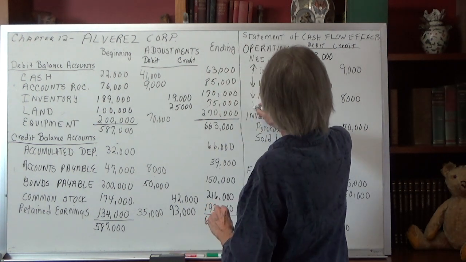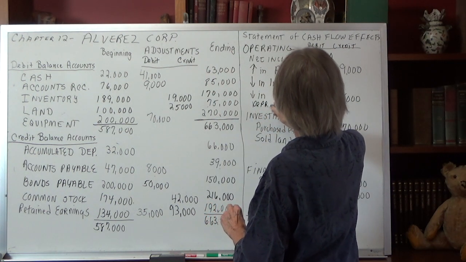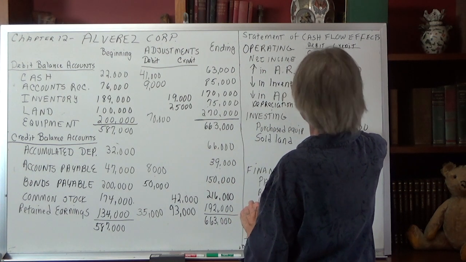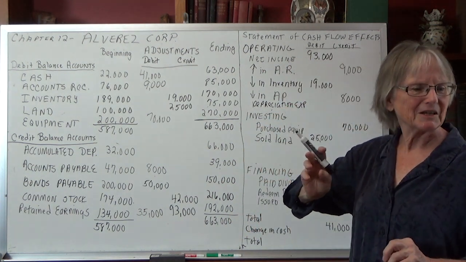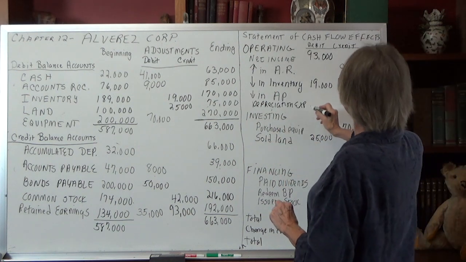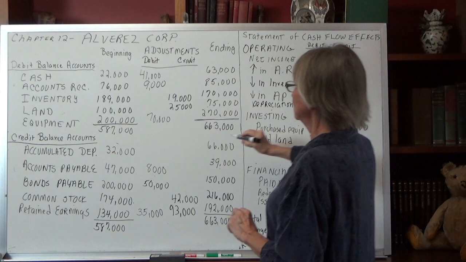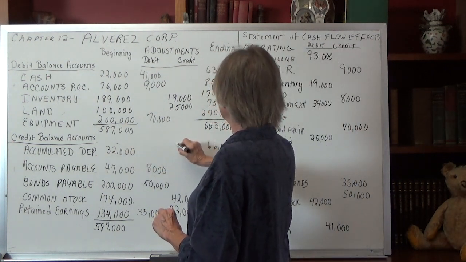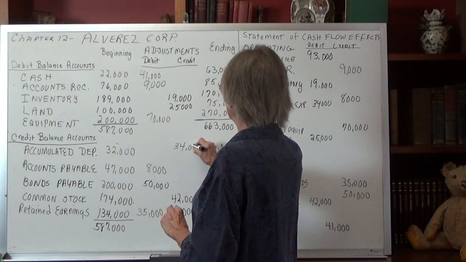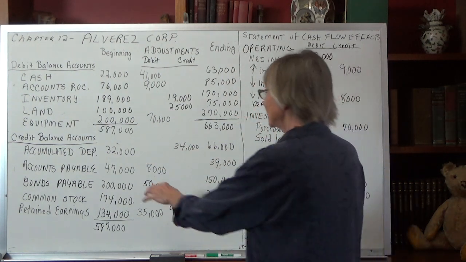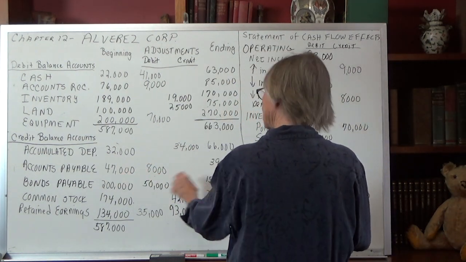So depreciation expense, it's an income statement account that goes in the operating section, 34,000. And the other side of that entry would be the accumulated depreciation, the credit of 34,000, and that would explain what happened there.